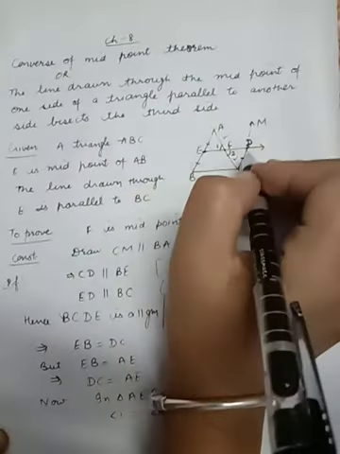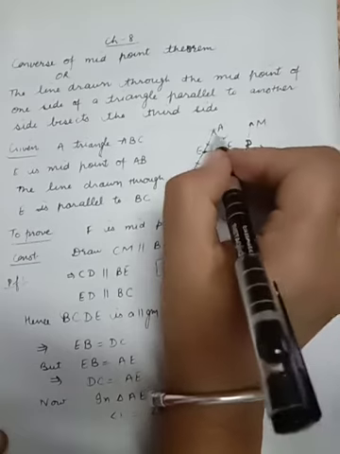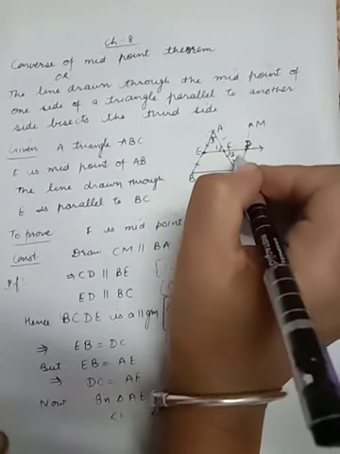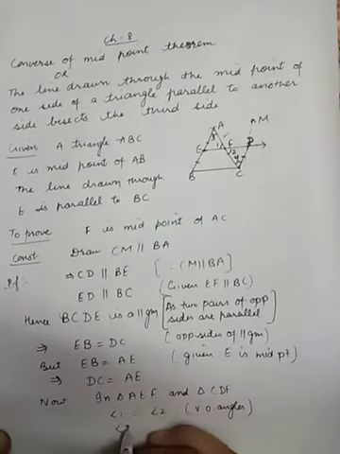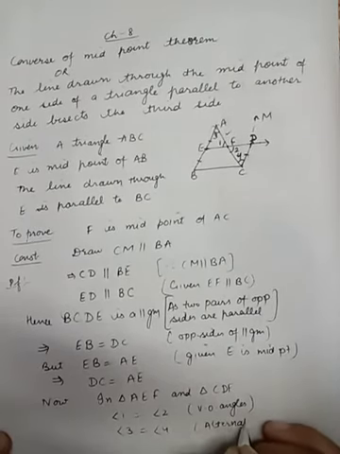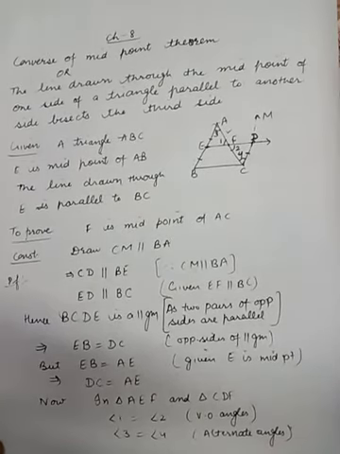Second, as these are parallel we have taken, and this is a transversal line, this implies angle 3 is equal to angle 4. Angle 3 is equal to angle 4 because alternate angles, as these are parallel by construction. So alternate angles are equal.